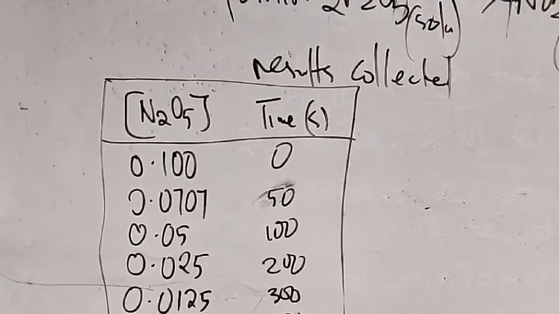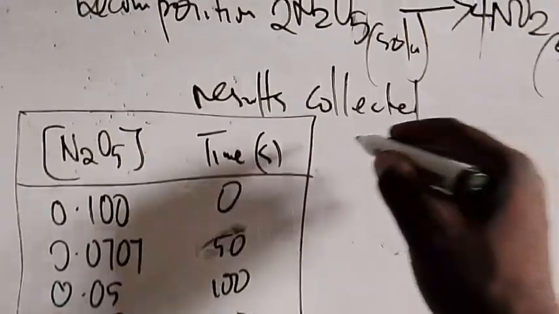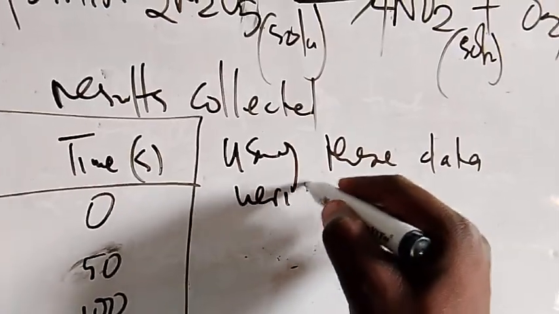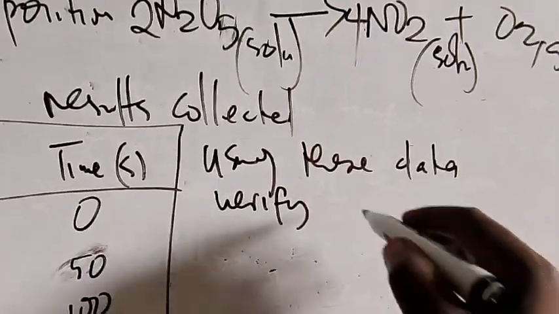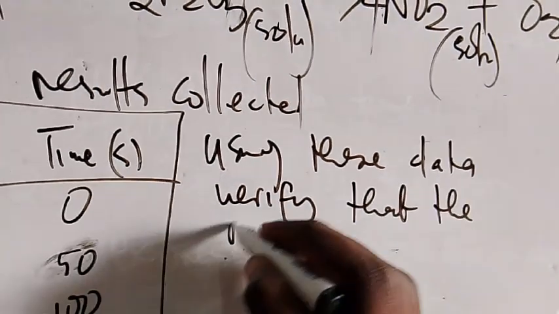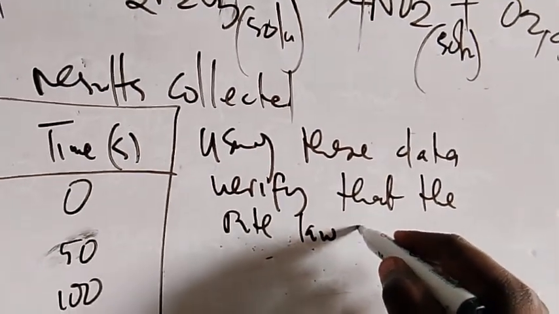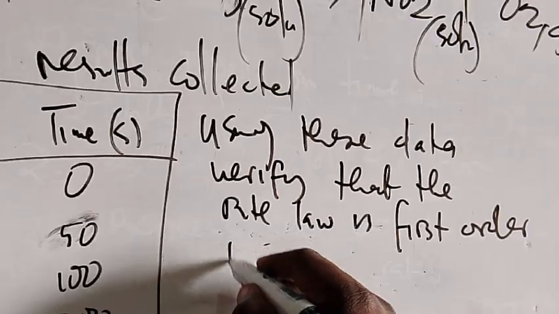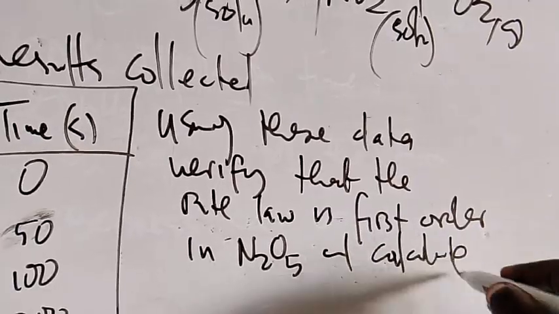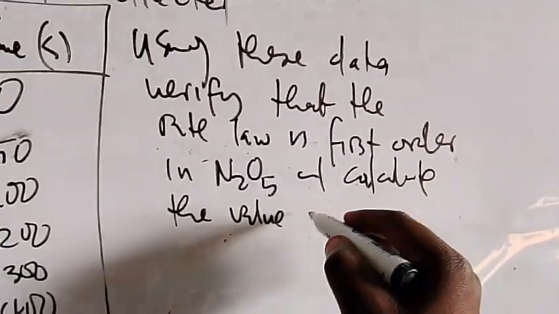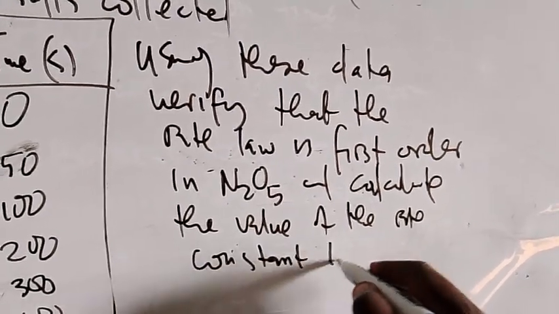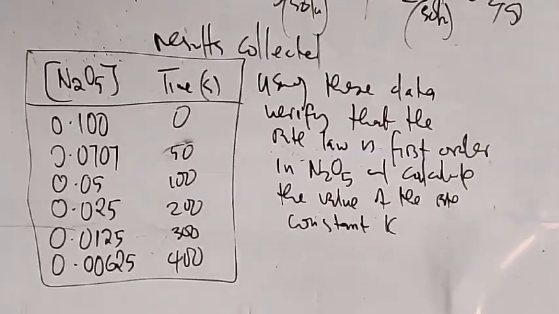So the question now is, using this data, verify that the rate law is first order in N2O5 and calculate the value of the rate constant K. Okay, so this is the information.